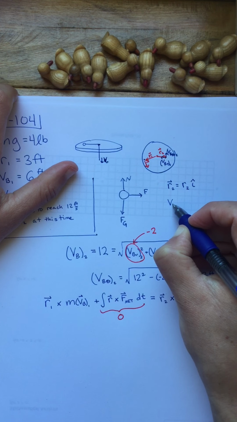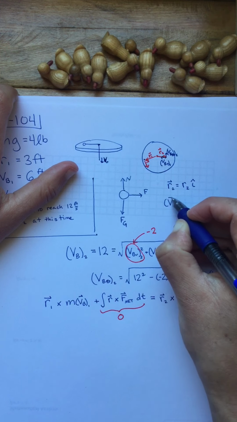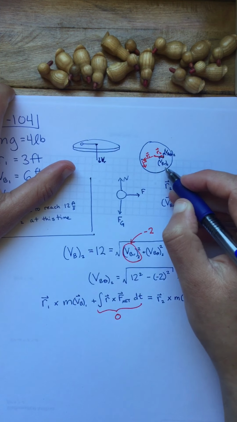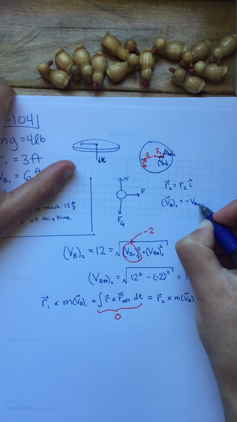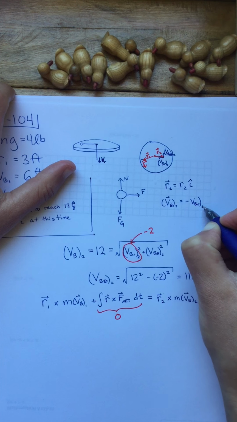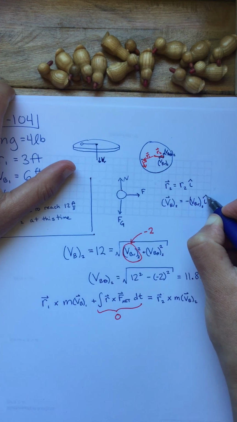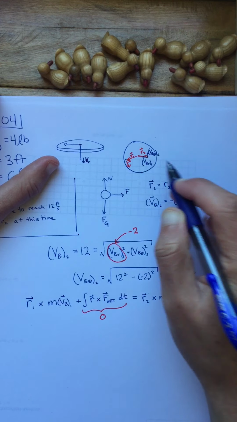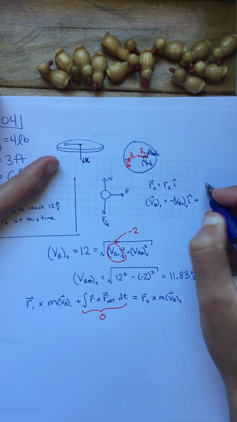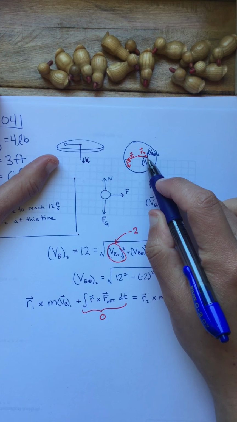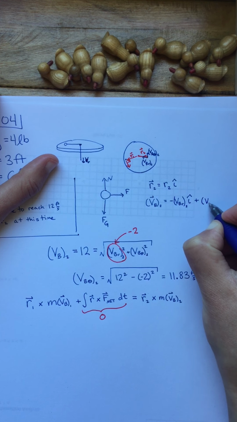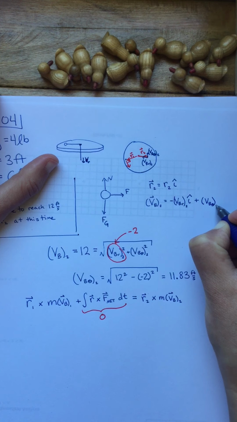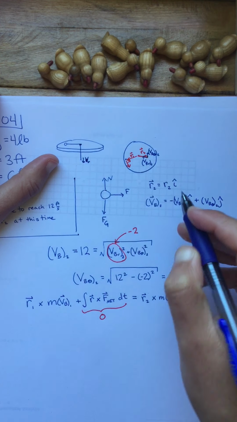My velocity at event 2: the radial component is pointing in the negative i hat direction, so that would be v_Br at event 2 in the negative i hat direction, plus this component, which at event 2 is pointing in the j hat direction, just because I happen to pick event 2 to be there, but it doesn't really matter where it is. So this is v_B, the transverse component at event 2 in the j hat direction.